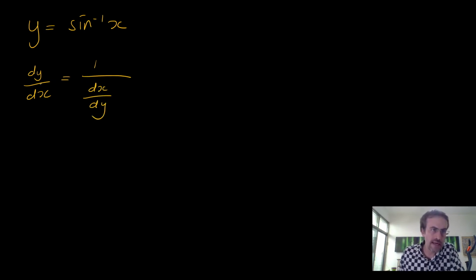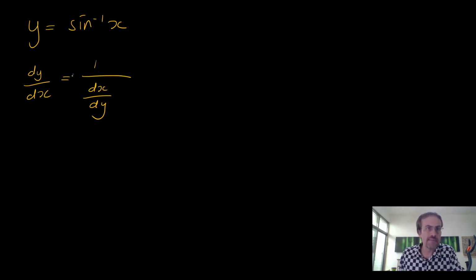To say that again, the derivative of y with respect to x is equal to the reciprocal of the derivative of x with respect to y. So the derivative of a given function is equal to the reciprocal of the derivative of the inverse function of that initial function. Okay, so this is the first piece of the puzzle that we need to know.